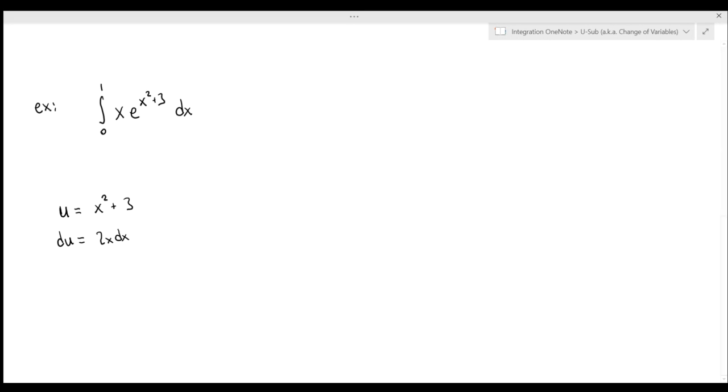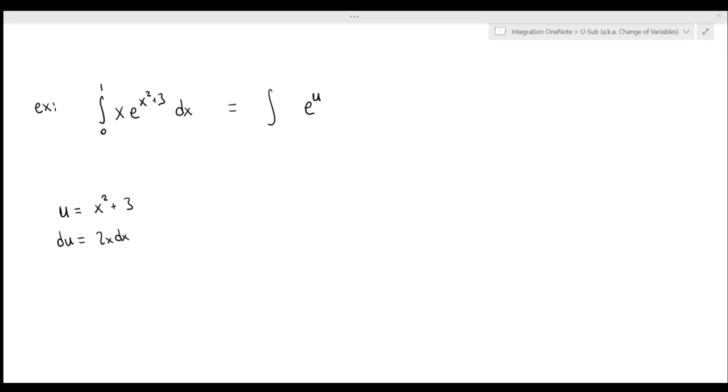But the benefit in choosing U to be x squared plus 3 rather than just x squared is that it simplifies the integral that you get when you're writing it in terms of U. So with U being x squared plus 3, the exponential would now just be e to the U.